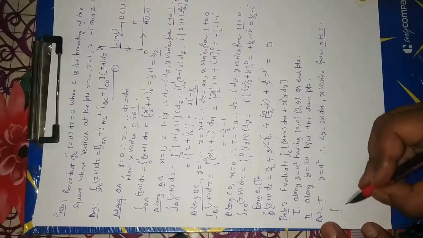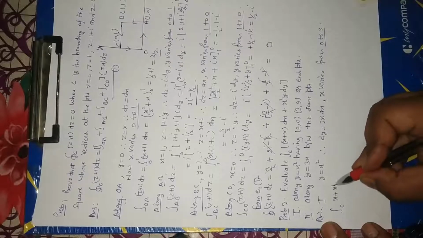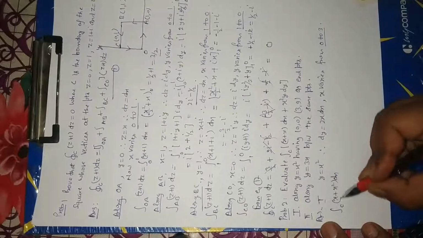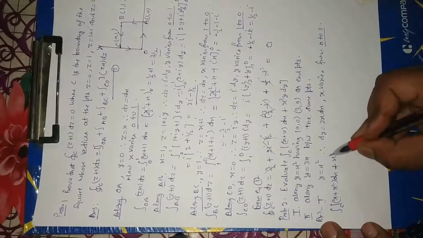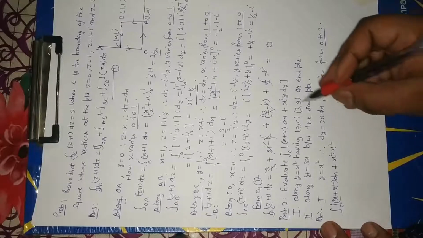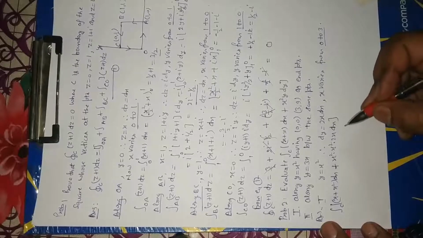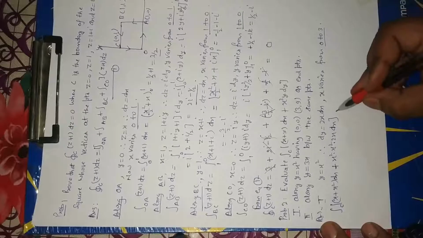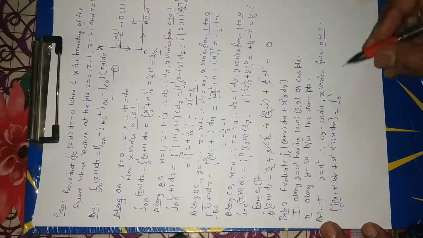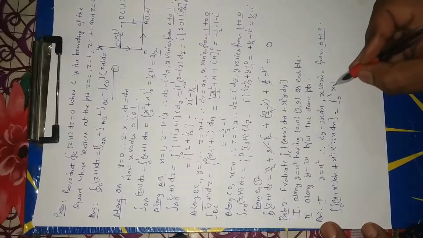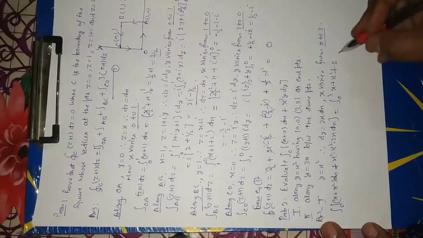Therefore integration over C of (x plus x square times x square) with dy equal to 2x dx, this is equal to integral 0 to 3 of (x plus 2x to the power 5) dx.